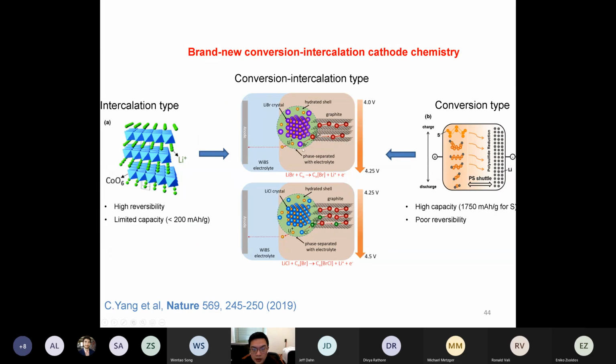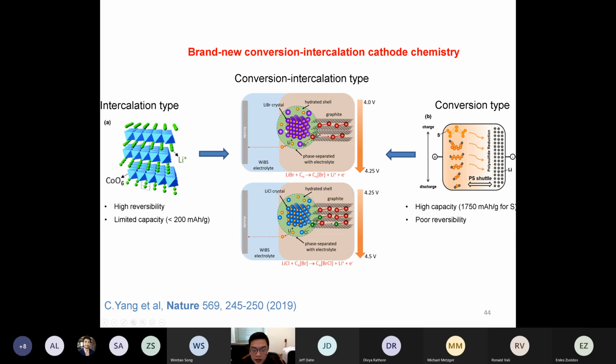Another very important piece of information came from my colleague, who is an expert on graphite intercalation compounds. He told me that halogens are very easy to intercalate into graphite, forming a very stable intercalation compound.